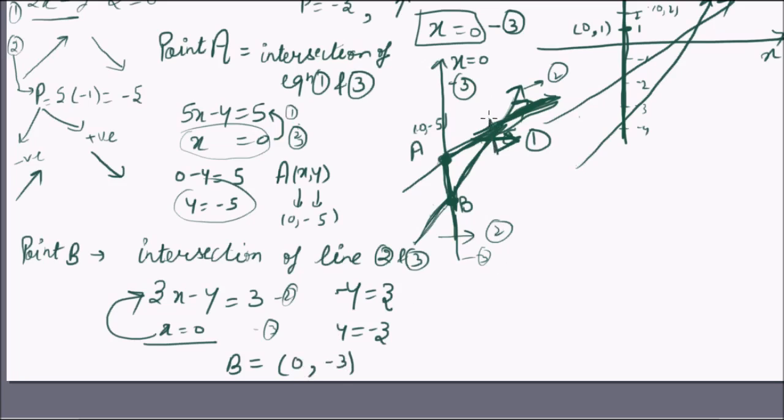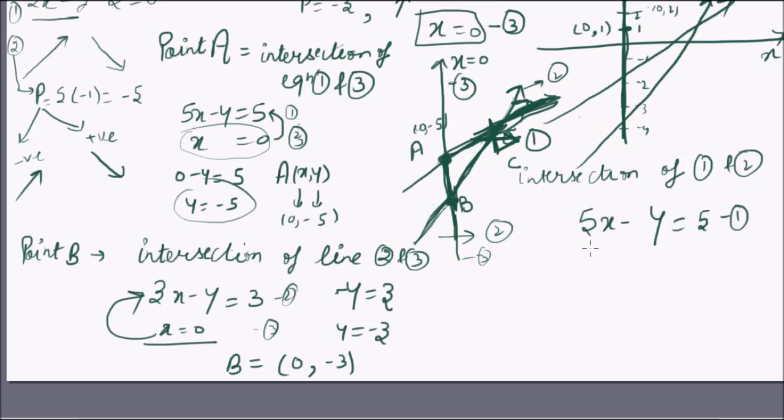Similarly, this C point is intersection of 1 and 2. Thus, solving 1 and 2, that is 5x minus y equals 5 and 3x minus y equals 3, we can use elimination method here because the coefficients are having same sign and same magnitude.